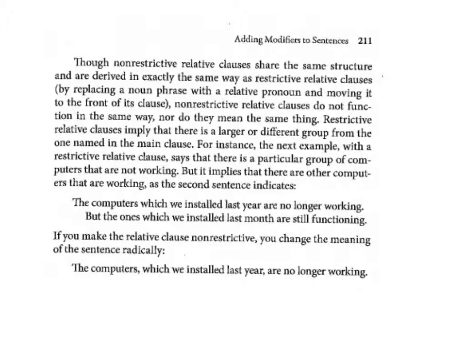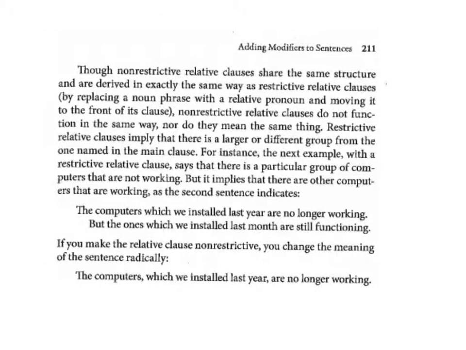In the text on page 211, it states, restrictive relative clauses imply that there is a larger or different group from the one named in the clause. For instance, in the next example with the restrictive relative clause, it says that there is a particular group of computers that are not working, but implies that there are other computers that are working, as the second sentence indicates.